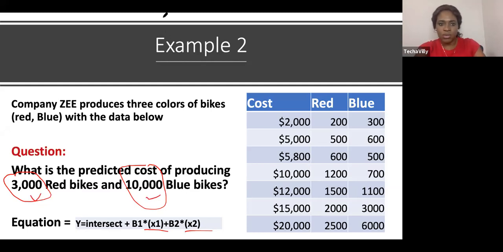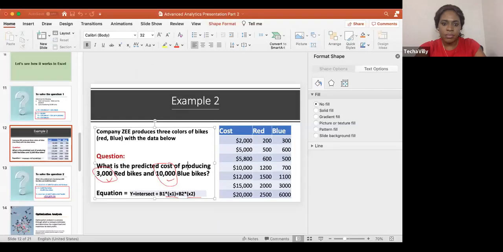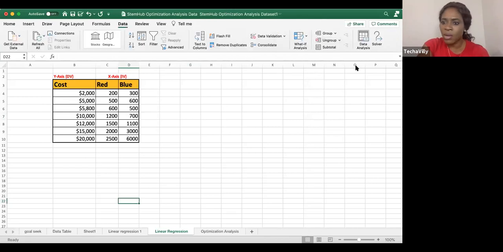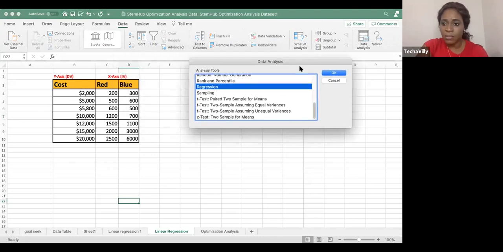So let's go back to the regression model. Right, so we're back here, and I'm going to run this regression now. So we go back to data, and then we go to regression analysis. I'm going to speed up a little because optimization is kind of longer than this.